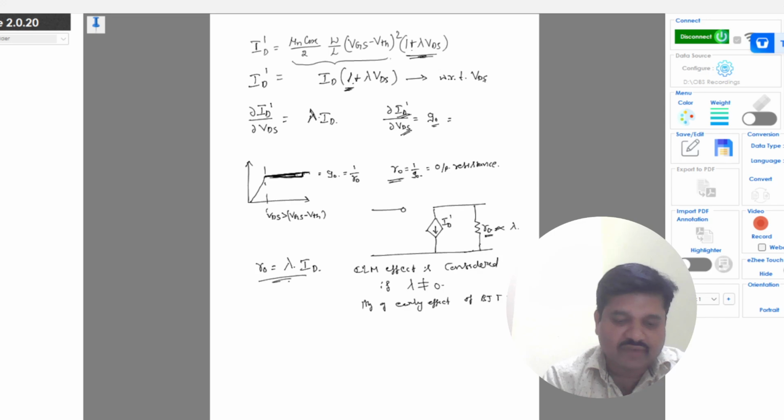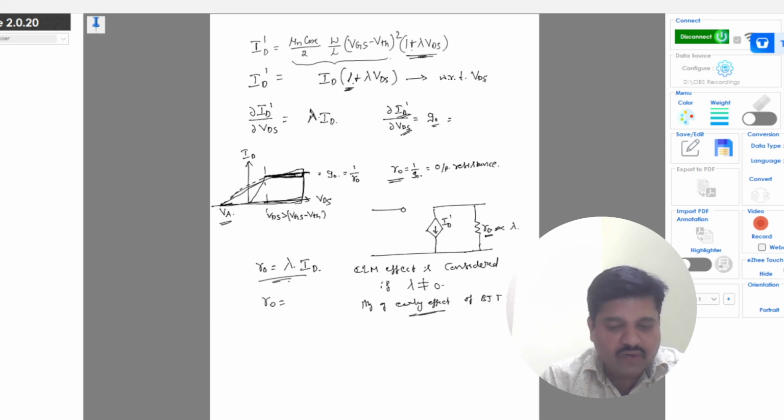In this output characteristic, this is VDS versus ID. For the early effect, we extrapolate this characteristic to the negative x-axis to get the value of VA. This VA can be the entire slope of this curve. So we can calculate R0 as VA by ID.